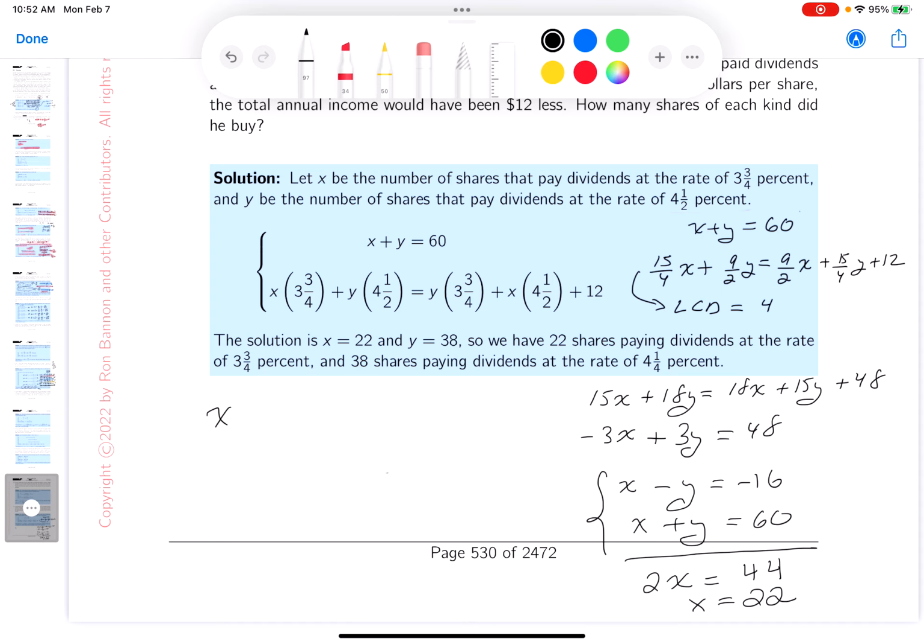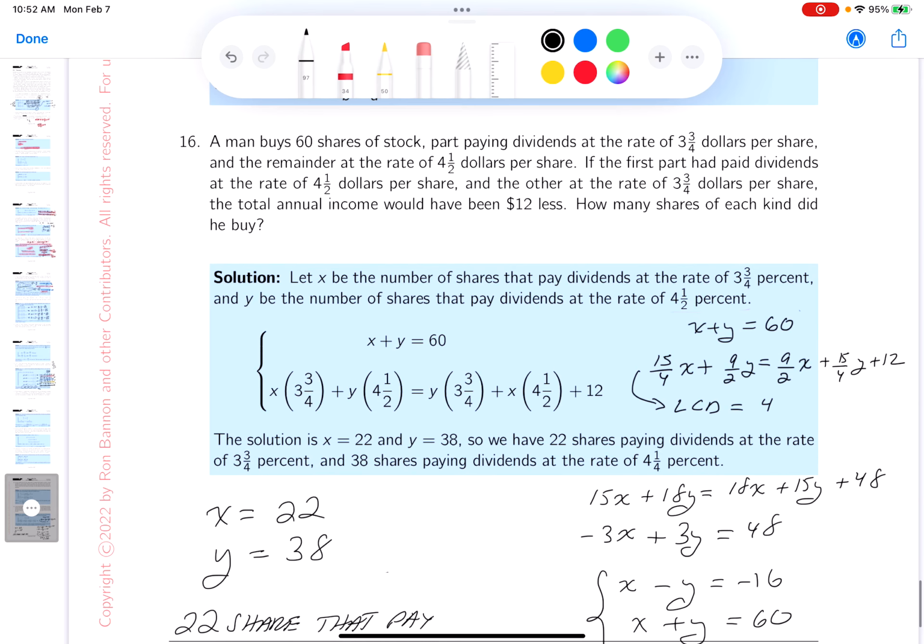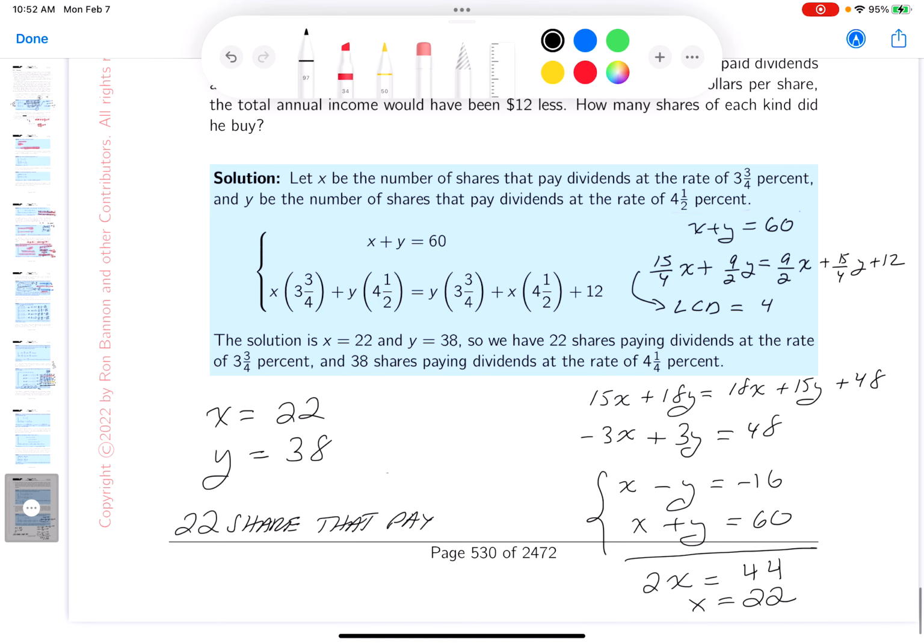If x is 22, y is going to be 38. So let's write the answer down now. So there's 22 shares that pay, and what do they pay? $3 3/4. So I'll just say $3.75 a share.